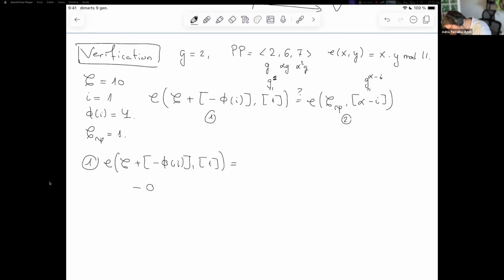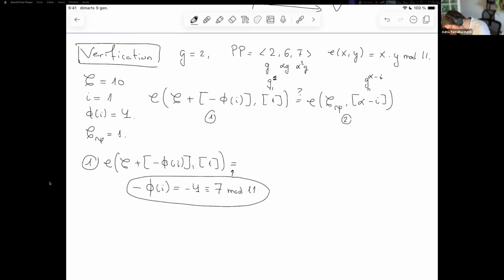This means that minus phi of I is minus 4 because phi of I is 4 here. And minus 4, what is it modulus 11? 7. 7, correct. So we are going to replace that here.